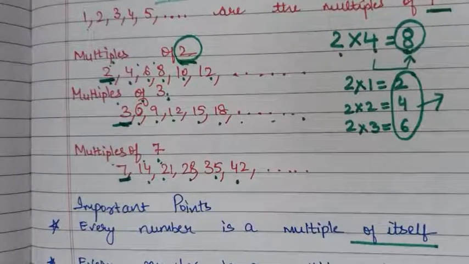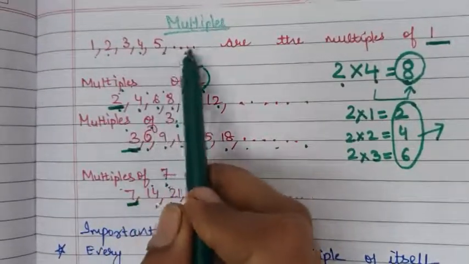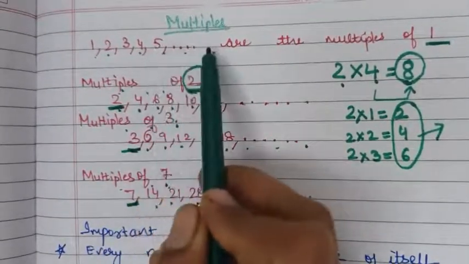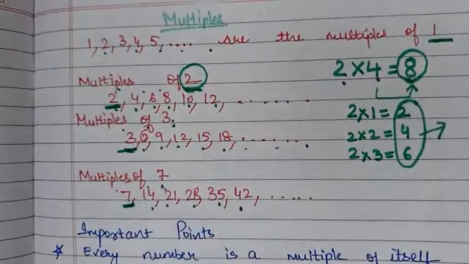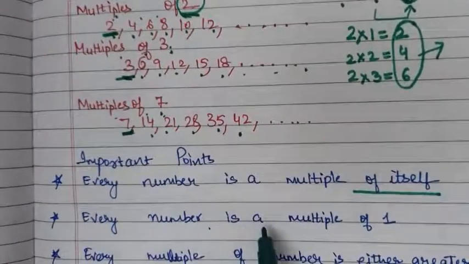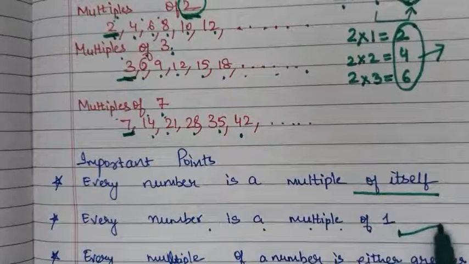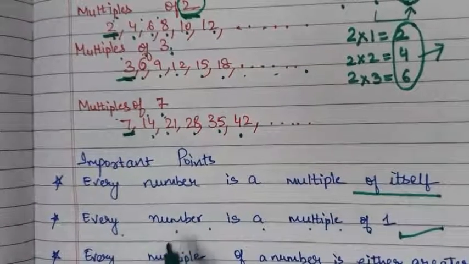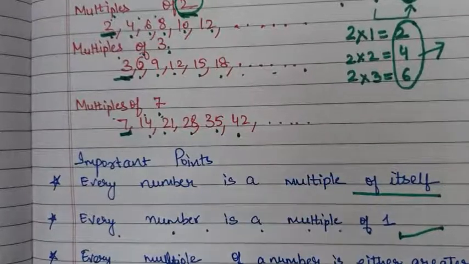Clear? All the numbers will come if I write more. So we can also say that every number is a multiple of 1.